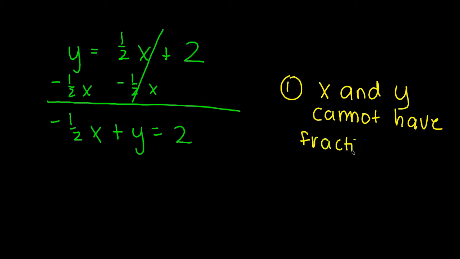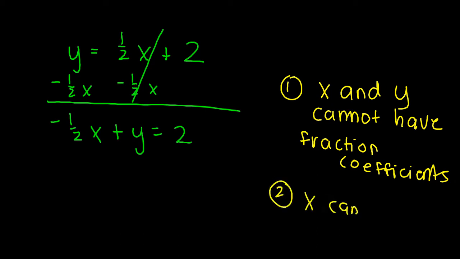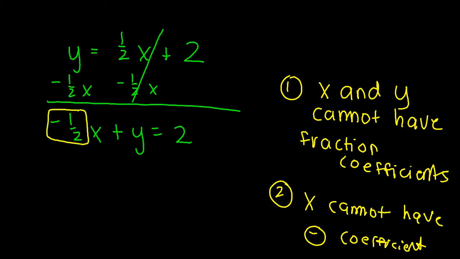My apologies. And rule 2: x cannot have a negative coefficient. As I'm looking at this, I'm breaking rule 1 and rule 2 right now because x has a fraction coefficient. Just to recap, a coefficient is that number that's hanging out in front of the variable.